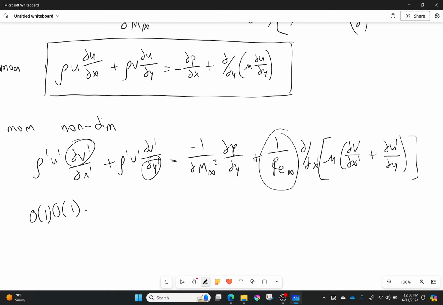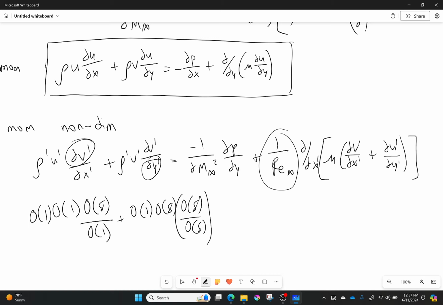Order of 1, that's the velocity in the x direction. dv, that's order of delta over order of 1, because dx is also an order of 1. I keep on going across, and you're going to see that this time, the order of deltas aren't canceling, and I'm going to actually have a lot more terms, which are small.